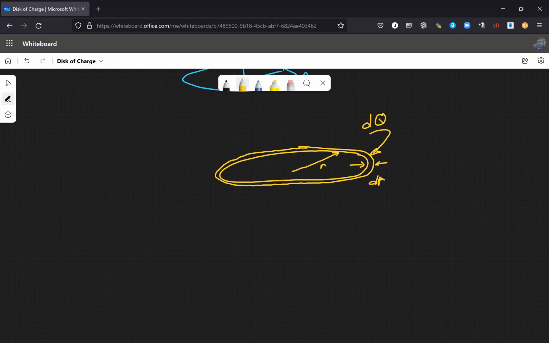Now, right above, at point P, we're going to have an electric field pointing vertically up.